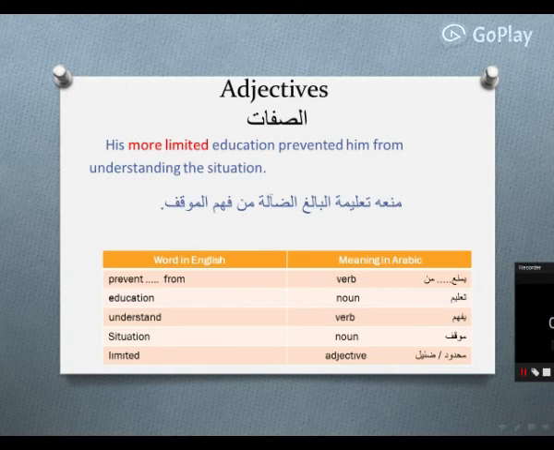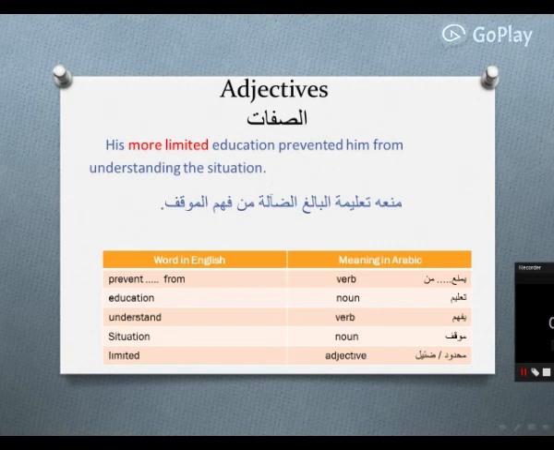So here we have something called da'il, which means very little. Da'il means very little. So look at this example. منعه تعليمه البالغ, which is like extremely. البالغ means like extremely. الضآلة, this is a noun.